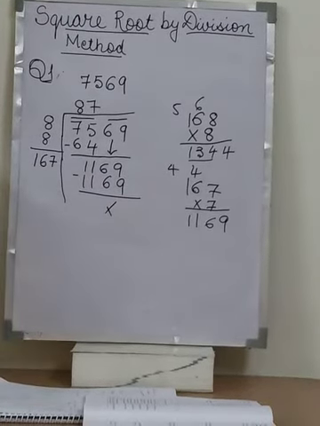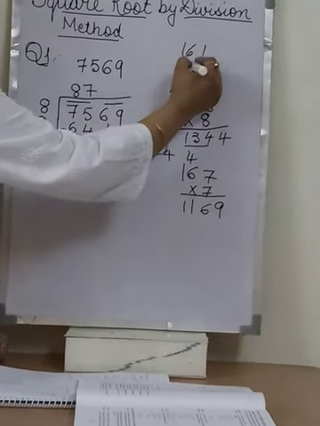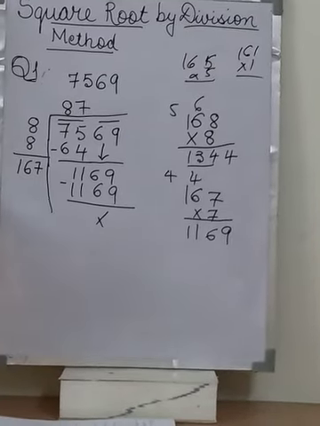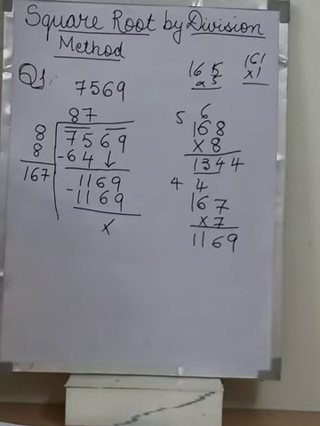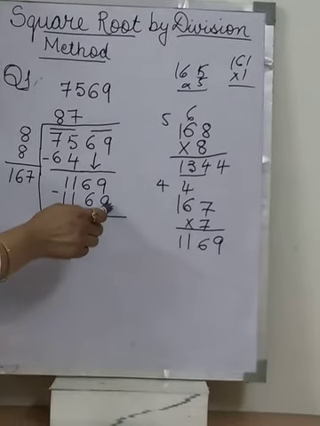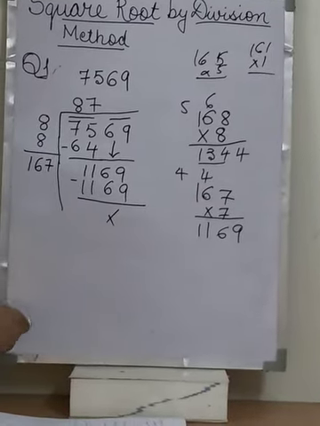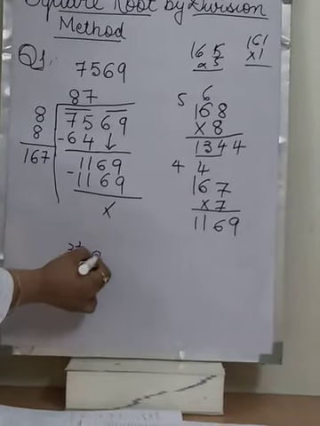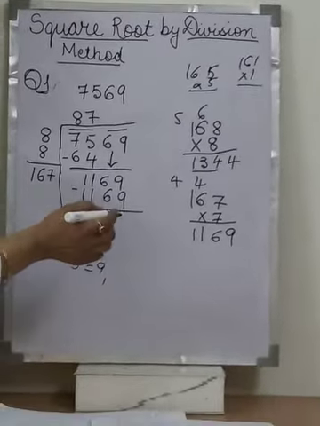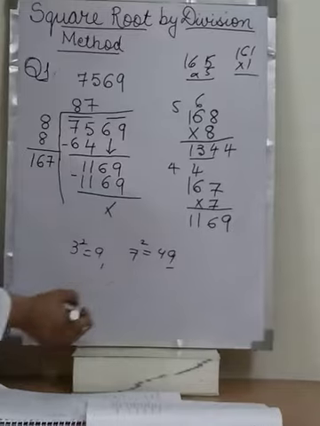Okay children. Now I tell you a trick. I multiplied this for you to show how to cross check. I multiplied with 5 also. See how to know which number to be placed. Let me tell you a trick. What does it have at the end? 9. Now think of the squares of single digits which end with 9. 3 square is 9. 5 square does not, it has 5 in the unit place. 6 square has 6 in the unit place. 7 square again has 9 in the unit place.